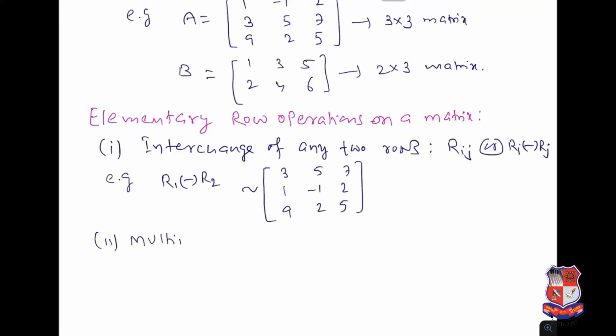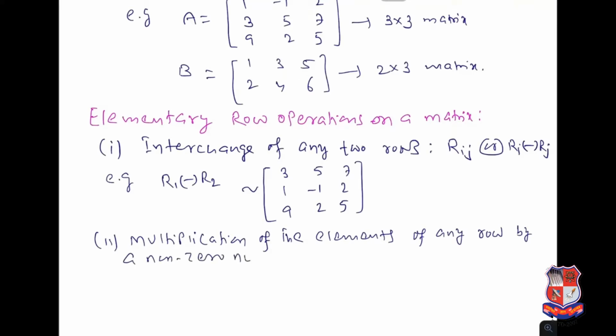So if we multiply every element by a non-zero number, say k, then that's called the multiplication of the elements of any row by a non-zero number.